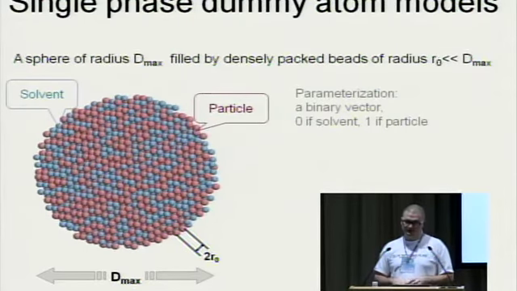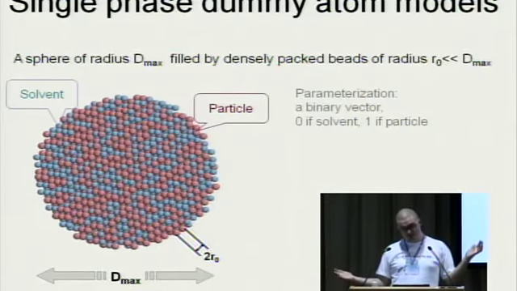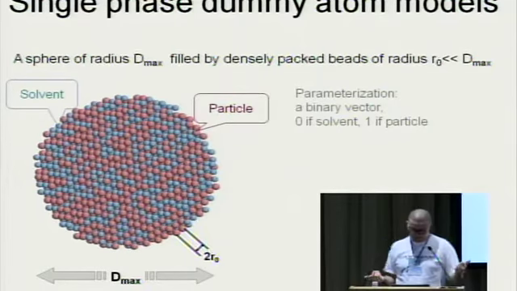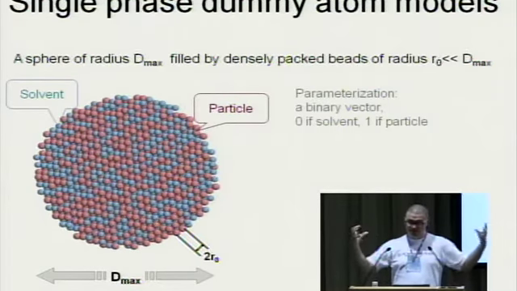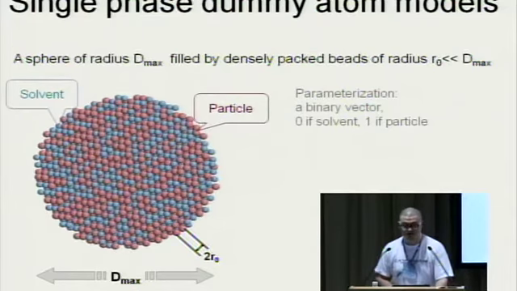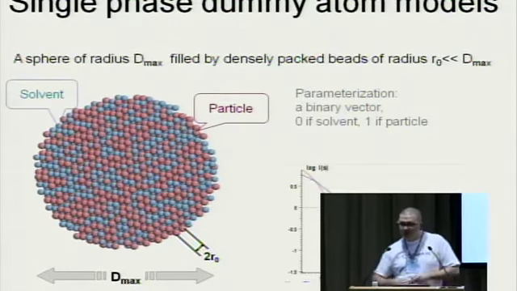So how is this done? We take a large sphere, usually of the size of Dmax, that we estimated from the P of R step, and we fill it with densely packed beads. And each bead can be either a solvent, or empty space, or a particle.